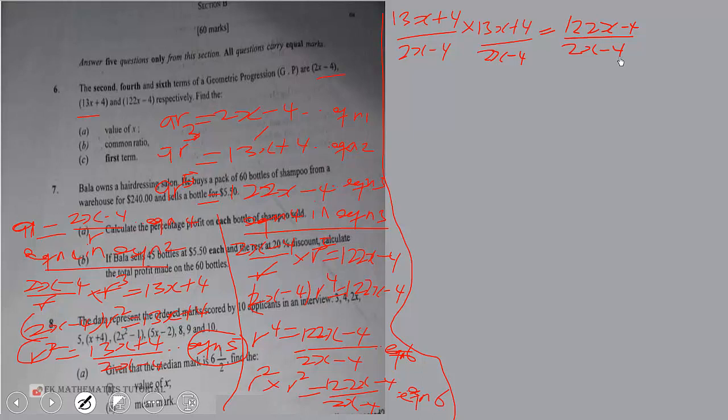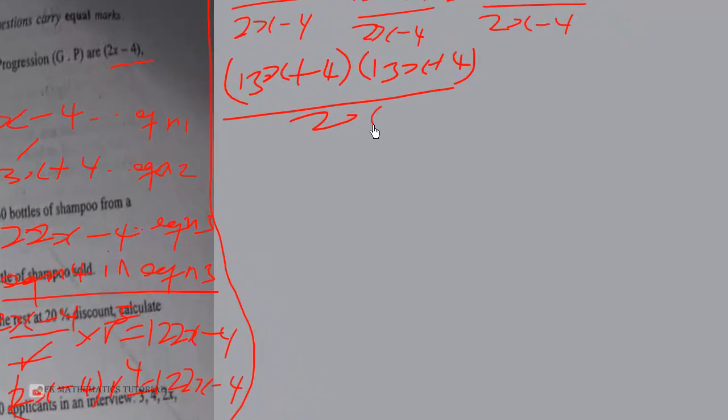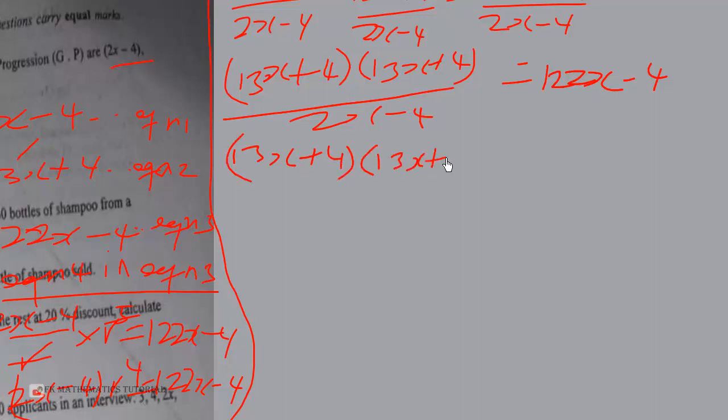So when you multiply through by 2x minus 4 squared, you are left with 13x plus 4 times 13x plus 4 all over 2x minus 4 is equal to 122x minus 4. So 13x plus 4 times 13x plus 4 is equal to 122x minus 4 times 2x minus 4.